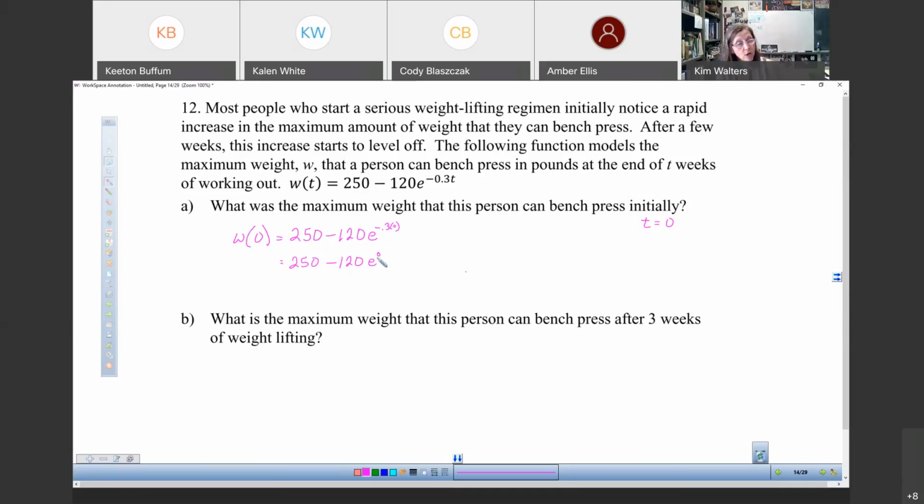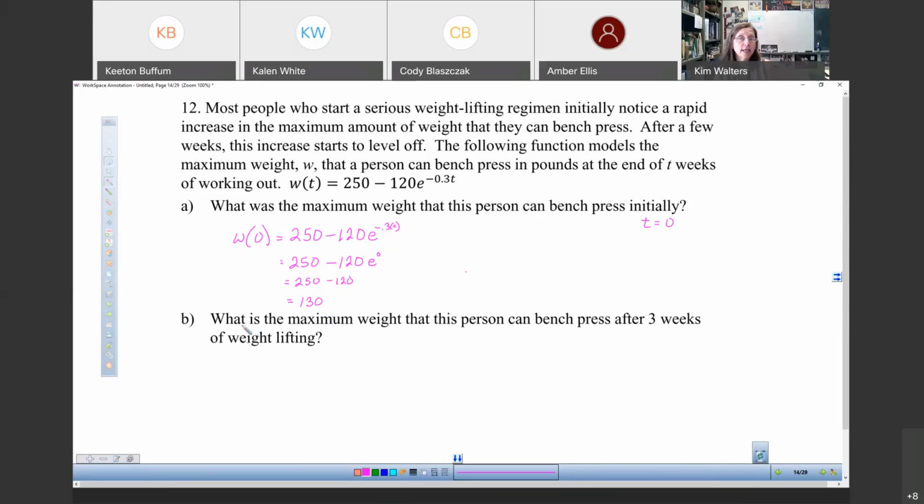Well, e to the 0 power, just like anything else to the 0 power, is 1. And so I have 250 minus 120. Order of operations says I need to take this product before I subtract. And so this particular person started off this program and they could bench press 130 pounds. So the initial bench press is 130 pounds.